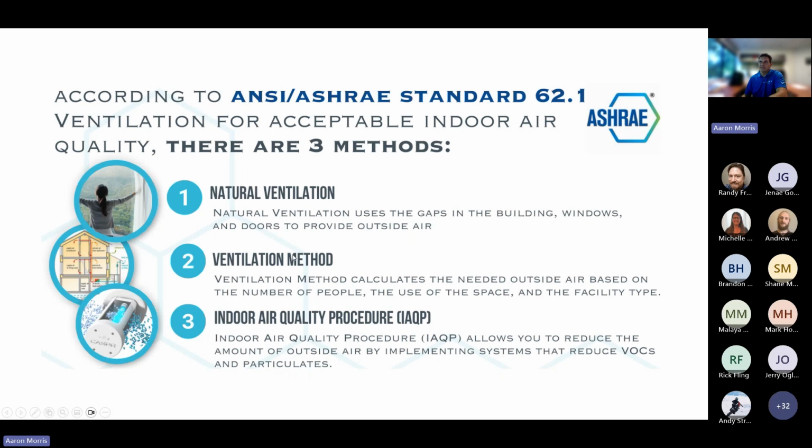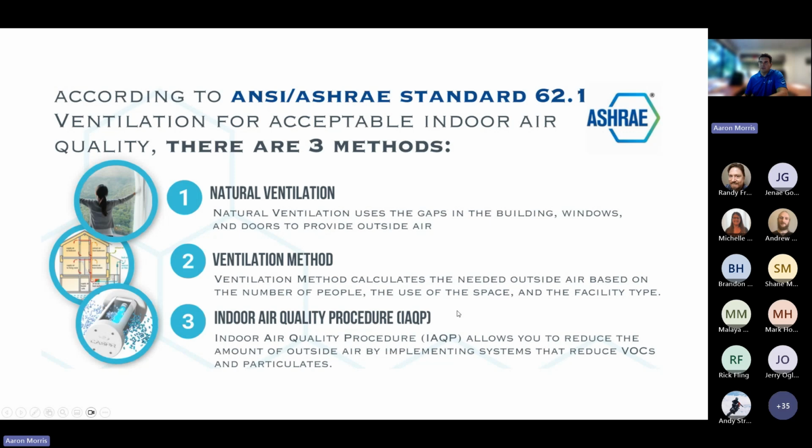And then the ventilation rate procedure, which is by far the most popular method used in commercial building designs. Which is going to be kind of a rule of thumb amount of outside air, CFM per, I guess, occupants per square footage based on the usage of that building, the type of building it is, and then CFM per square footage to come up with that ventilation requirement.